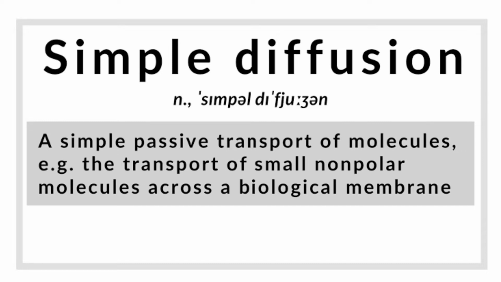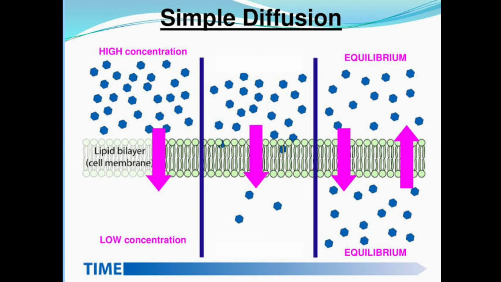Saturation of transportation is also not seen here, and there is no uphill transportation and no use of energy. Diffusion is a very simple process in which no saturation, no highly selective substances, no special membrane proteins, no uphill transportation, and no energy are required.